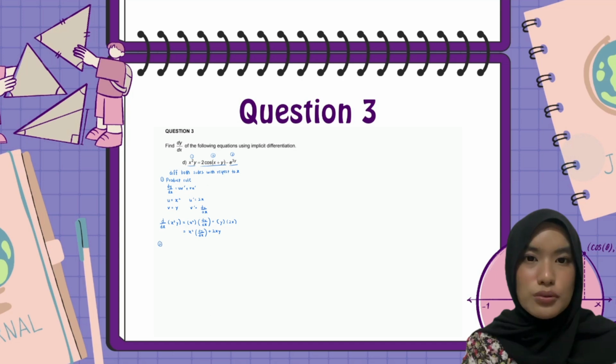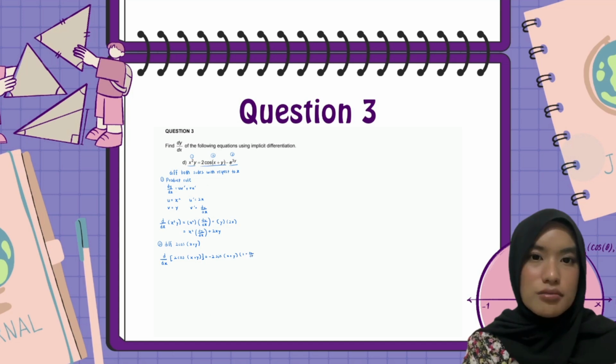Next, derivative of 2 cos (x plus y). Derivative of 2 cos (x plus y) equals negative 2 sin (x plus y). Derivative of (x plus y) equals 1 plus dy over dx. Derivative of 2 cos (x plus y) equals negative 2 sin (x plus y) times (1 plus dy over dx), which equals negative 2 sin (x plus y) minus 2 sin (x plus y) dy over dx.